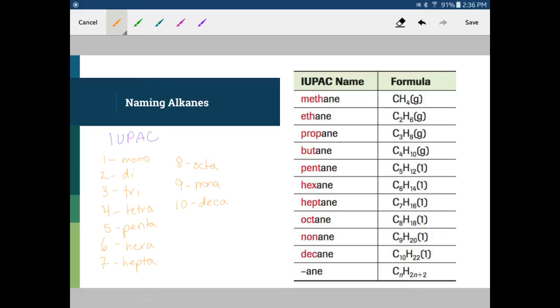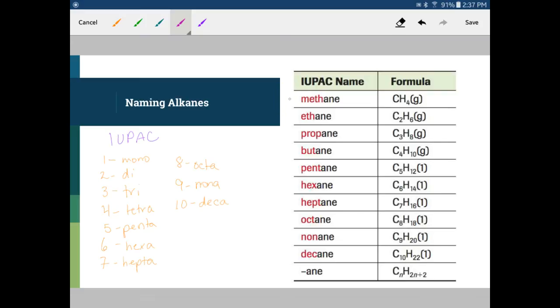However, in organic chemistry, there are some new prefixes for these organic compounds. It's not saying that we can just throw the old ones out the door. We still need to be aware of them and use them in this unit, but we are adding some new ones. Essentially, these prefixes apply to finding the longest carbon chain. The new prefixes in red in this chart are only for that longest carbon chain.